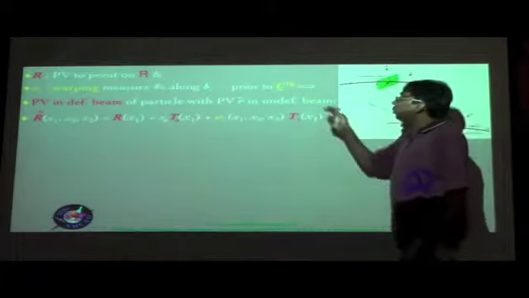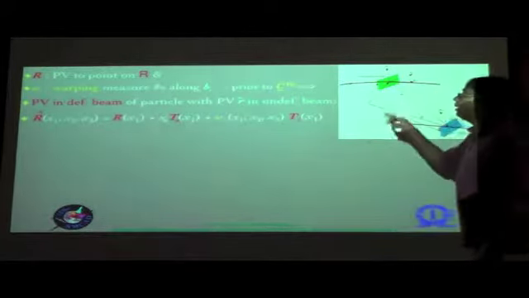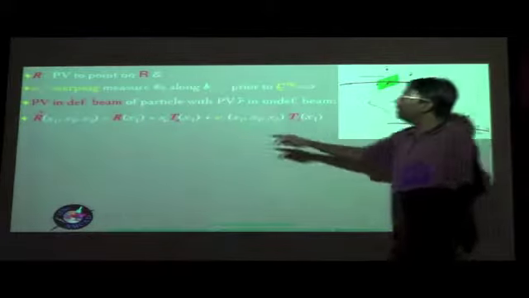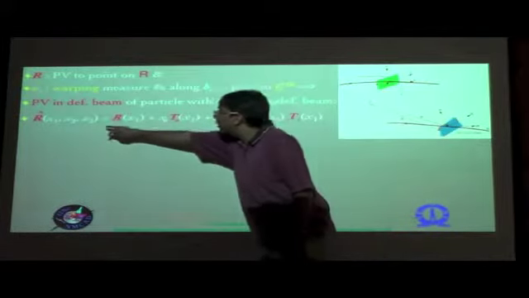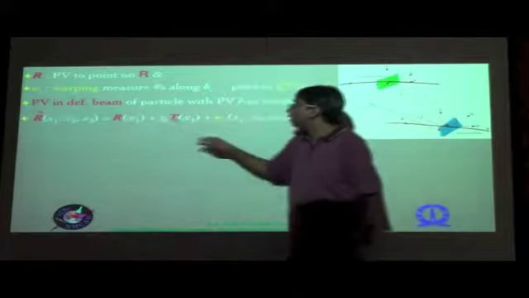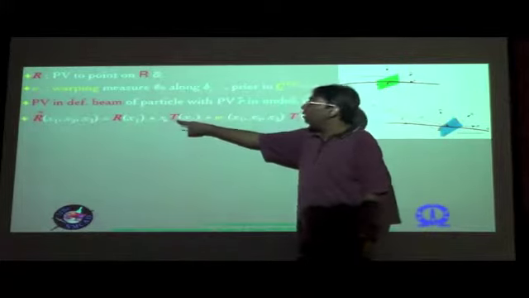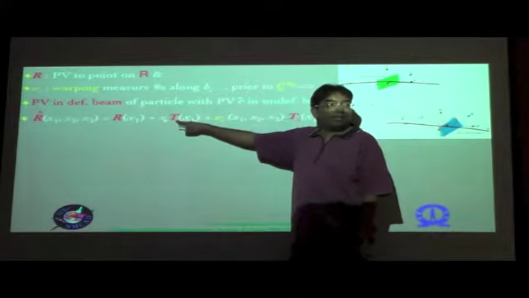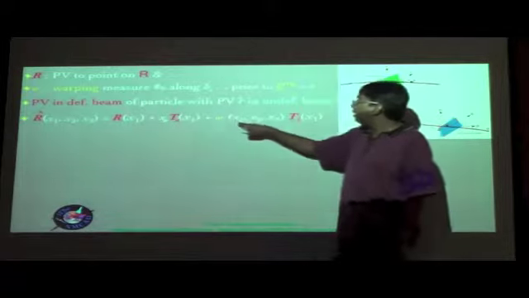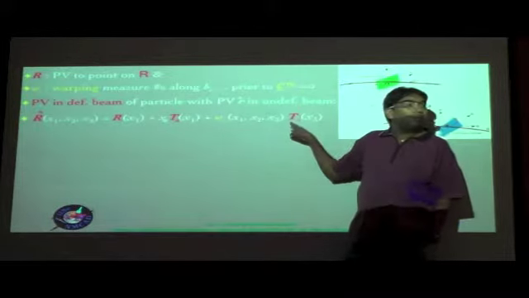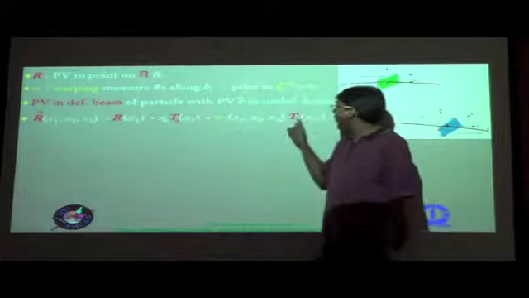Now this fact means that the position vector in the deformed beam of the particle with the position vector r hat in the undeformed beam is basically given by this. So big R hat will be given by R of x1 plus x alpha. Remember in the previous example we had taken this as big B alpha, and then Wi we had taken along big Bi. Now we are taking it along Ti.